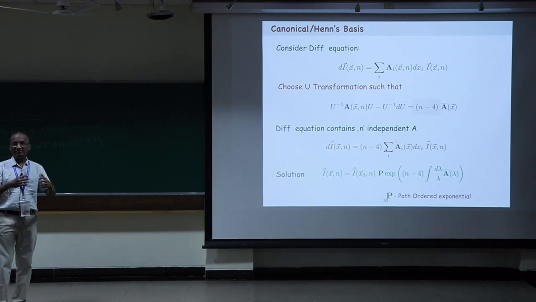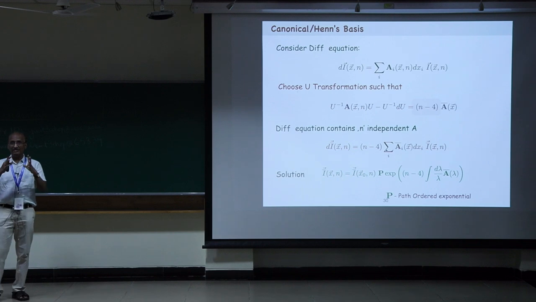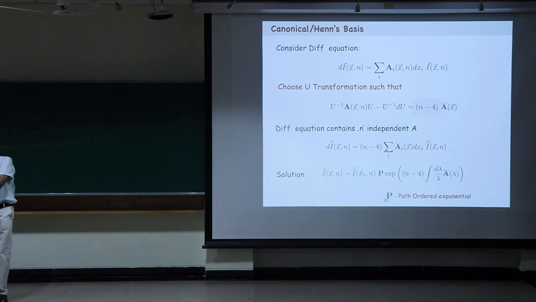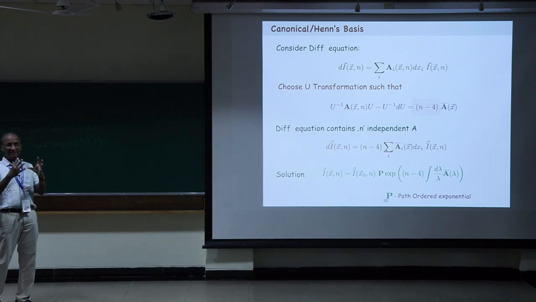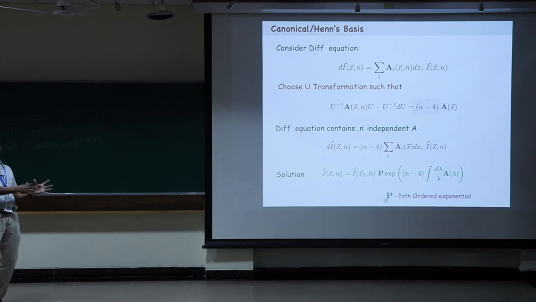So instead of working with a set of master integrals, you transform them to a newer set by certain gauge transformations, and then you get a new set of differential equations, and this new set contains this n dependence, this dimensional regularization parameter, just outside the differential equation. Then the solution takes a simple form which is simply path ordered.